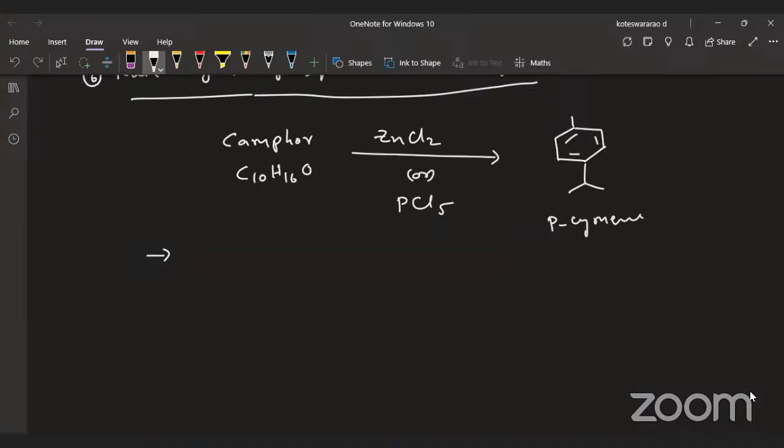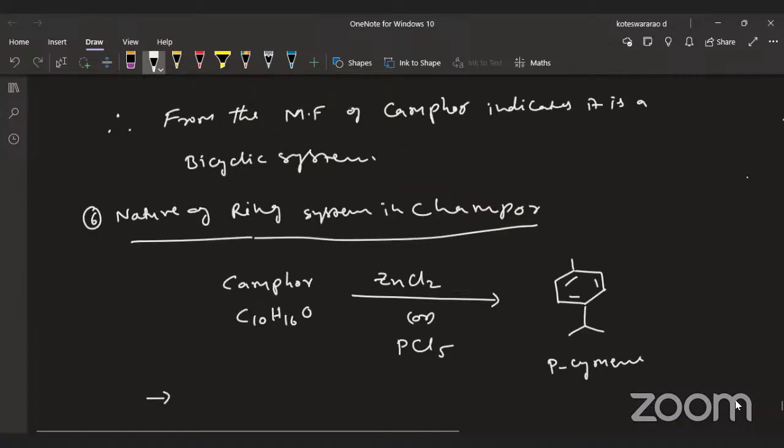The formation of paracymene indicates that one 6-membered ring is present in camphor, because from the previous point, the molecular formula of camphor indicates it is a bicyclic system, right?